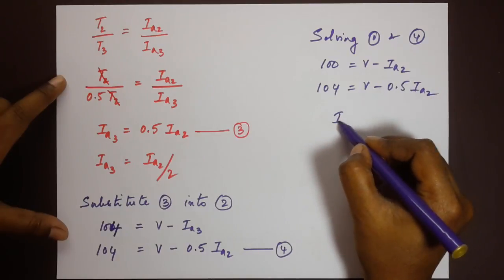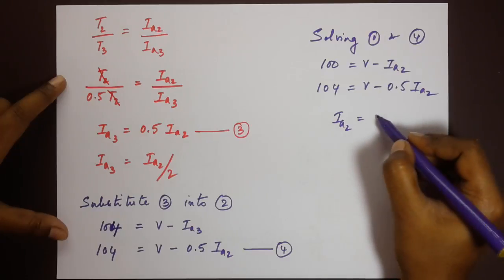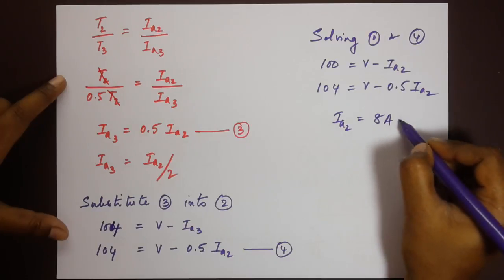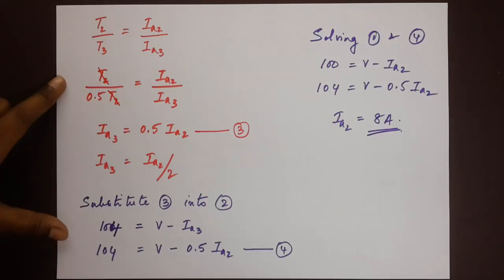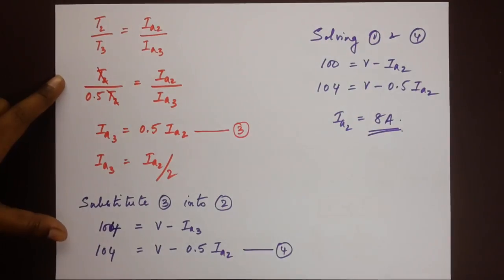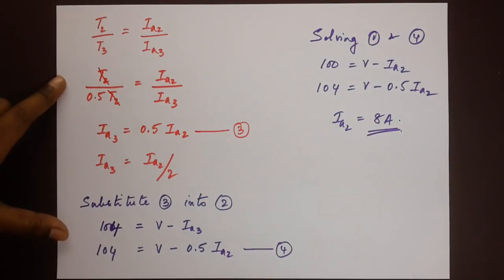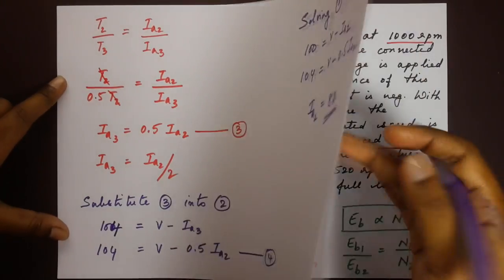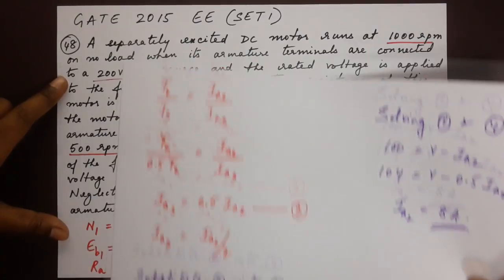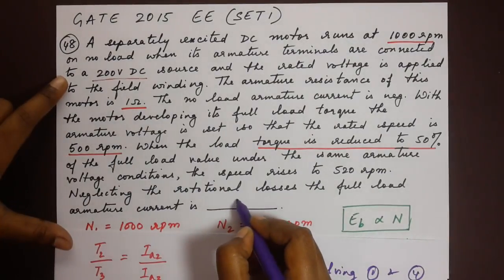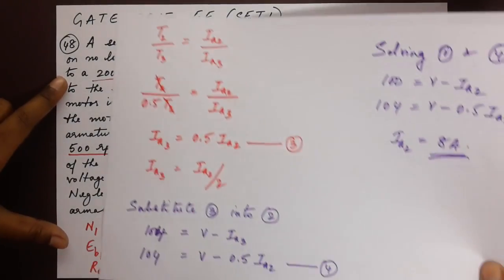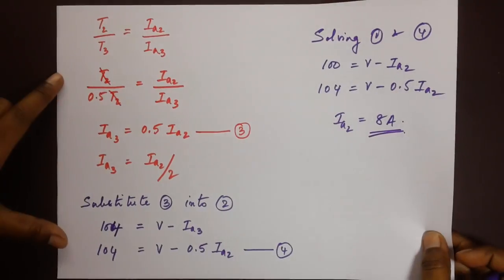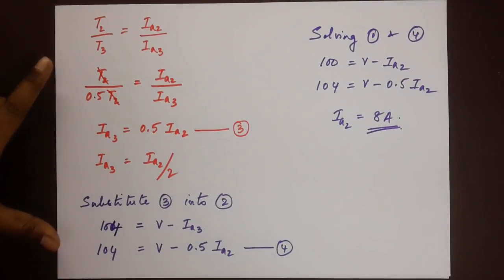So solving, the answer for IA2 must match 8 amps. So please work it out and see if your answer matches this. So the final answer here is 8 amps. We'll just mark that in the blank here, 8. So this is the entire solution, and I hope it has helped.